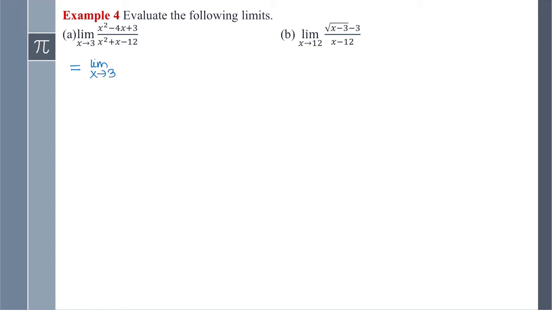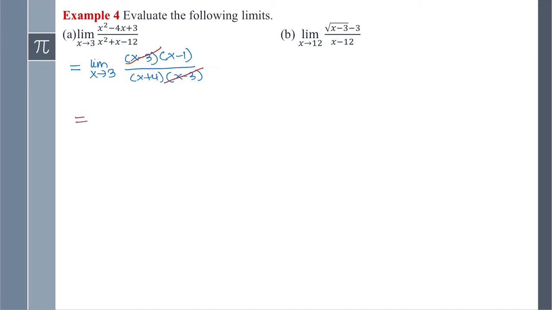We have x squared minus 4x plus 3 in the numerator, so we can factor this as x minus 3 times x minus 1. Similarly, we can factor the denominator as x plus 4 times x minus 3. Now we see that we have a common factor in the numerator and the denominator, which is x minus 3. That means we can cancel them.